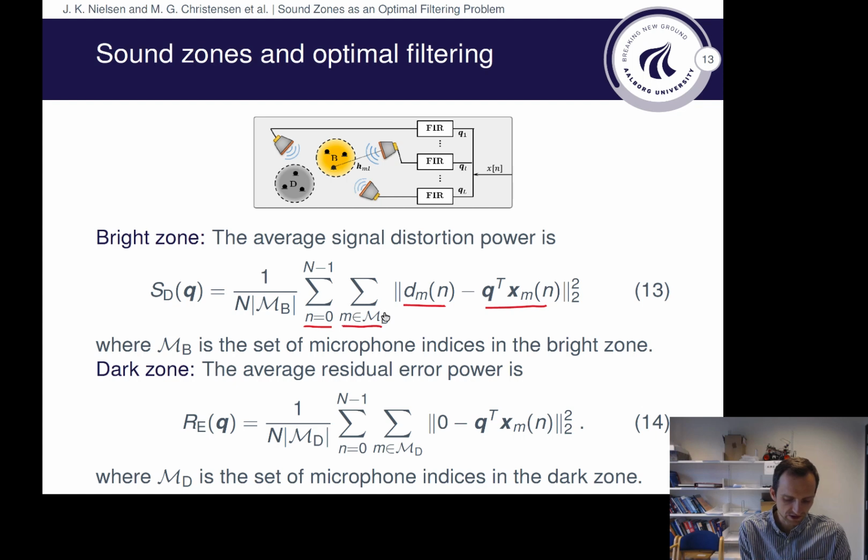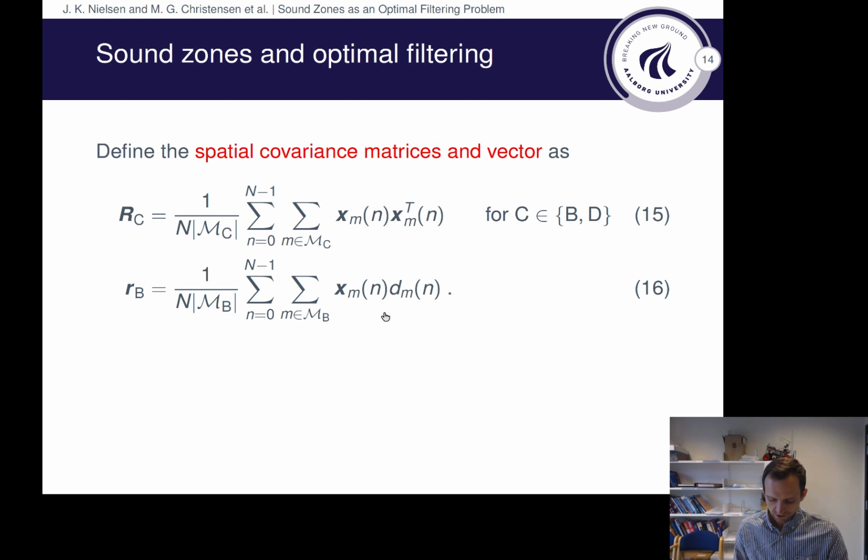And then this is just a normalization, what we have out here. In the dark zone, we do the same thing. Here, what we want is 0, and we then compute the difference, and then sum over all the microphones in the dark zone and over the relevant time indices. And here again, we have a normalization.